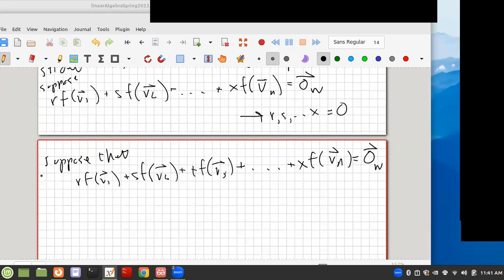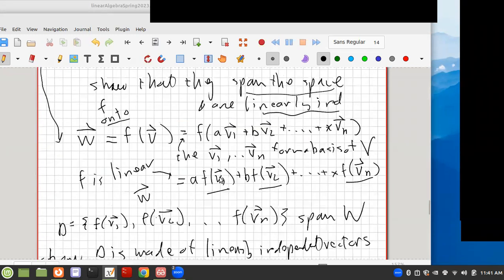Well, now what we're going to use is the linearity property backwards. We're going to say, okay, this is a linear combination, the right-hand side of this thing here. We went from F of this back to the linear combination.